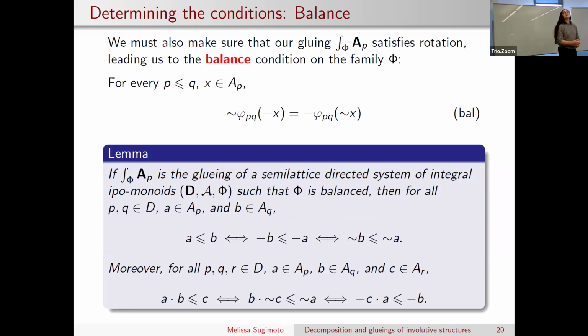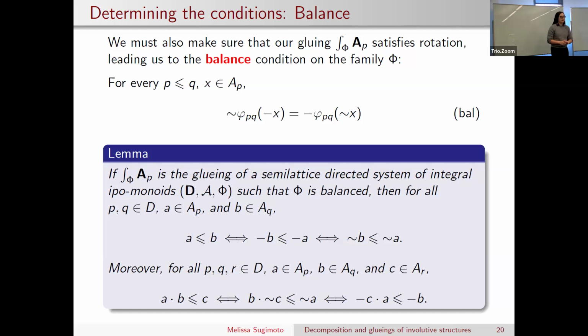The second condition that we came across was that we needed to make sure that our gluing was going to satisfy the rotation property, or we could have equivalently gone for the residuation property because we're going to want that double negation anyway. And this leads us to what we call balance. The balance condition says that if you apply tilde, then a phi map, then a minus, this is the same as swapping the tilde and the minus: if you do the minus, then the phi map, then the tilde.